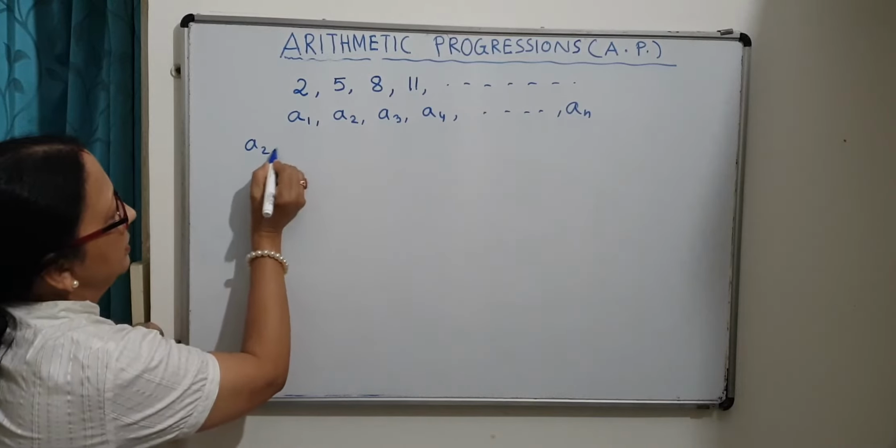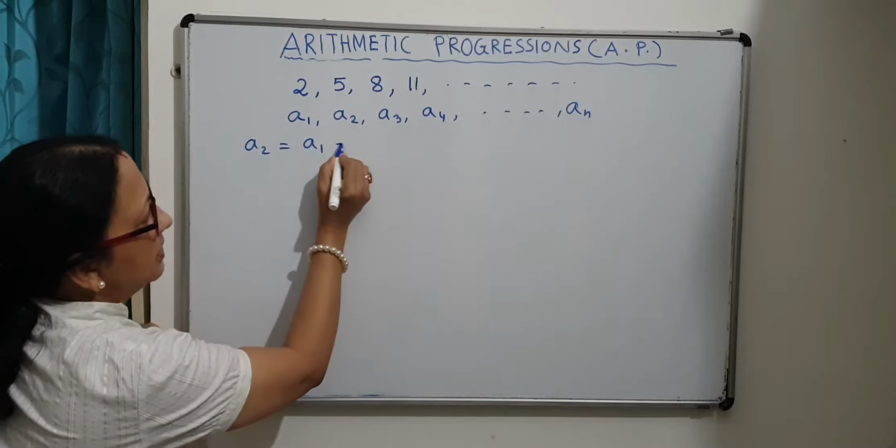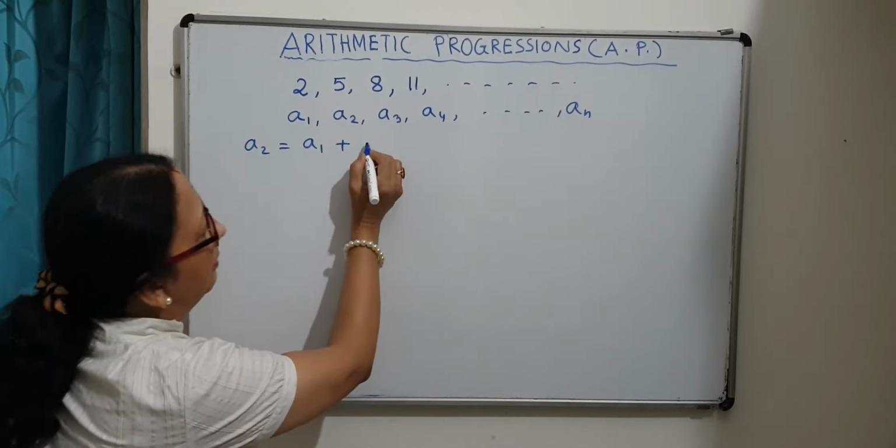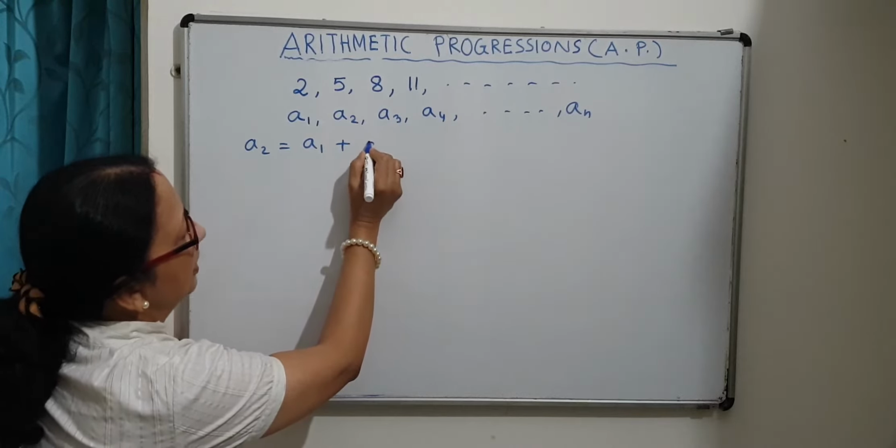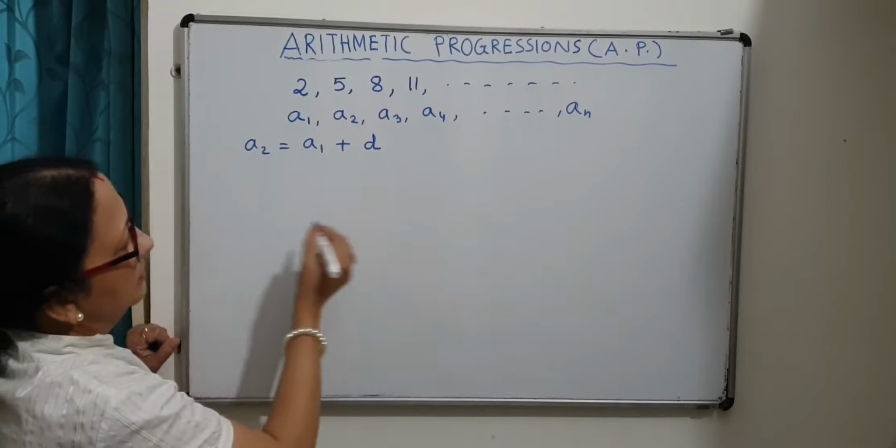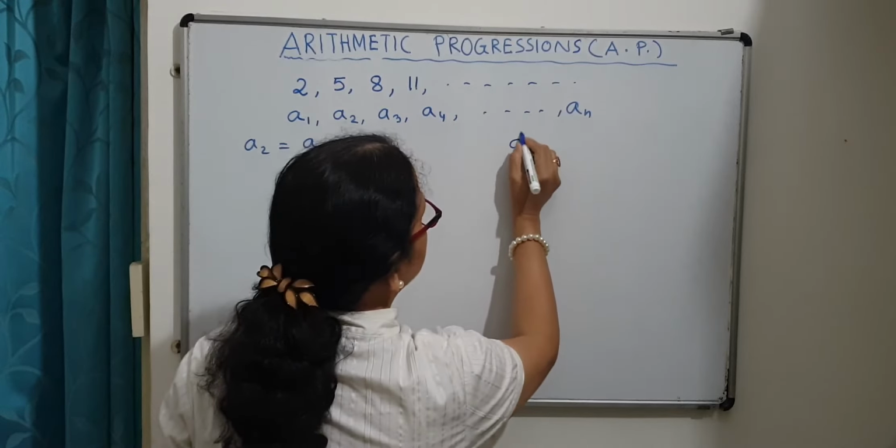Here, what we observe is that A2 was A1 plus some fixed amount, which is known as D, where D is known as the common difference.